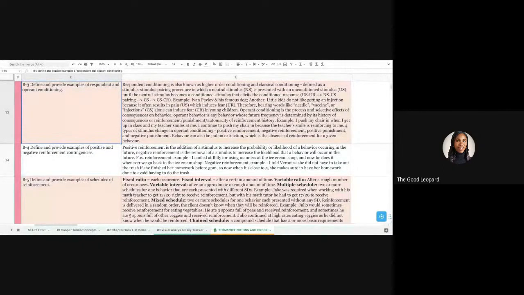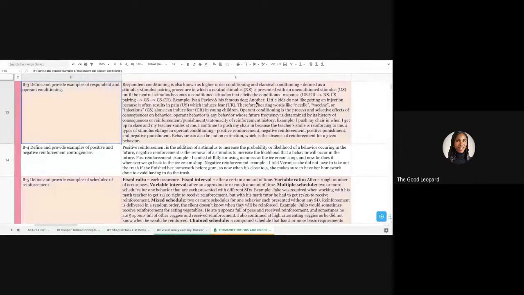No. He trained the dogs to salivate when they heard the bell because they thought they were going to get food. He paired the bell with the food, and then they said, okay, so food equals bell. So that means I'm going to salivate. That was the conditioned response. Do y'all understand that? Yes. Okay. I hope I'm being clear because this isn't really easy.